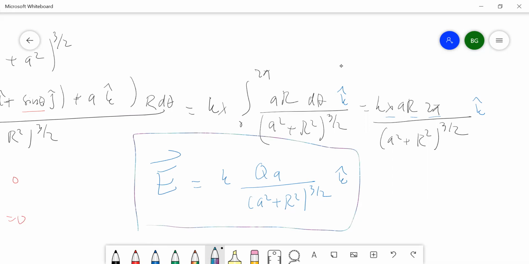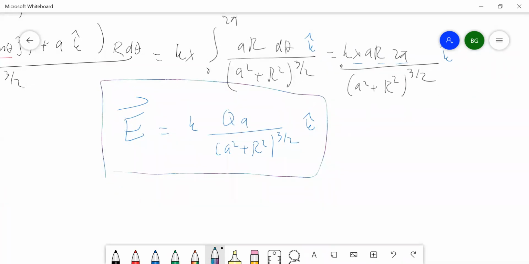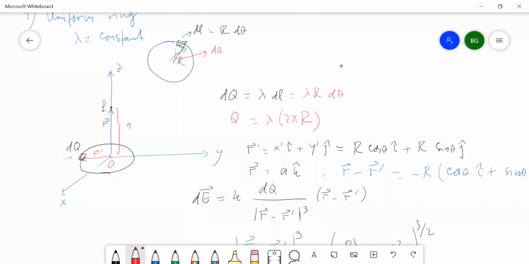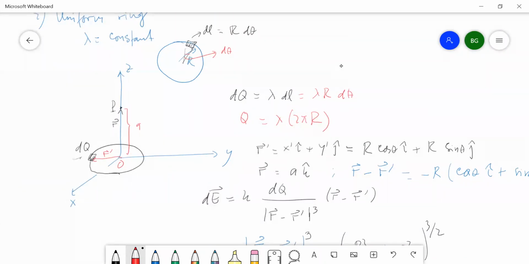Any question? So this is the direction of the electric field. It means that the total electric field is going only to the z axis, the positive z axis.